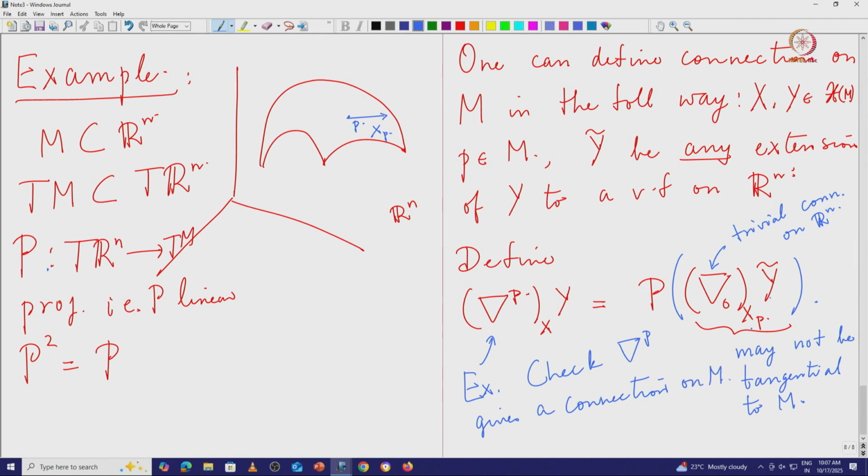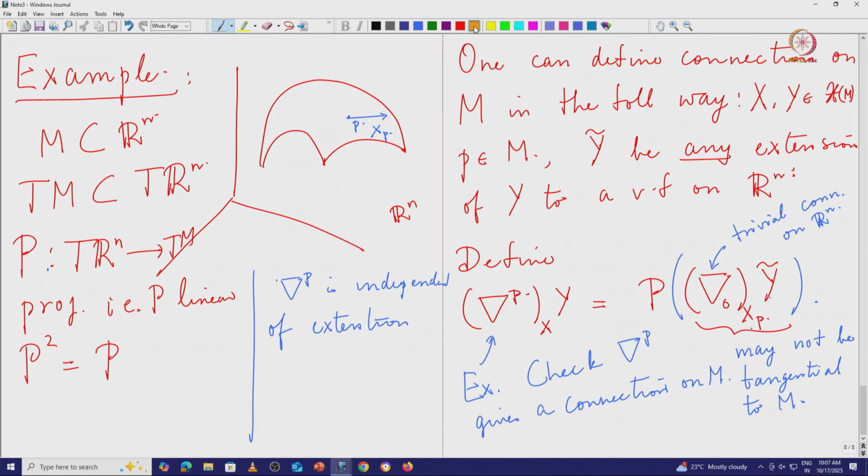Okay, and note that this is actually independent of the extension. The definition of this is independent of the extension, precisely because of this refined locality theorem.